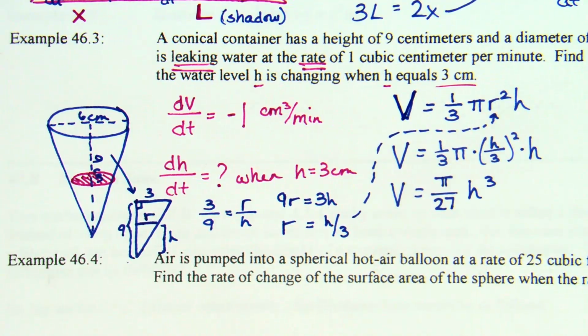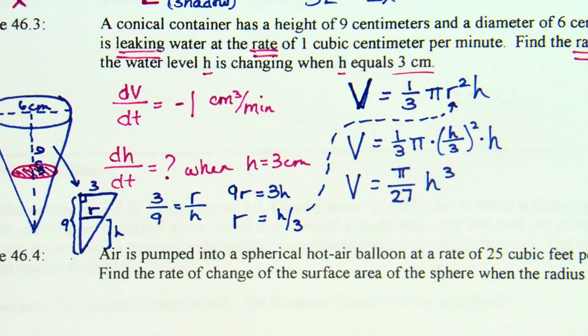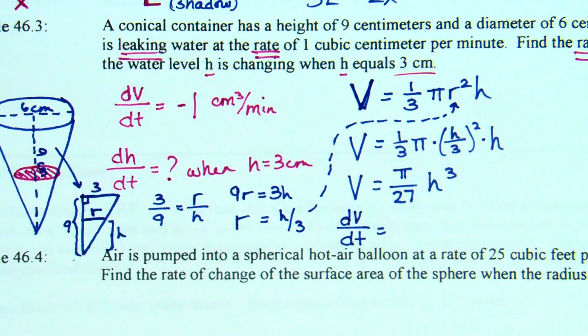Well, I'm not ready to plug anything in yet. Don't plug anything in until you take the derivative. We have to take the derivative first. So what's the derivative of V? dV/dt, good. Pi over 27 is just constants, right? What's the derivative of h to the third? 3h squared.